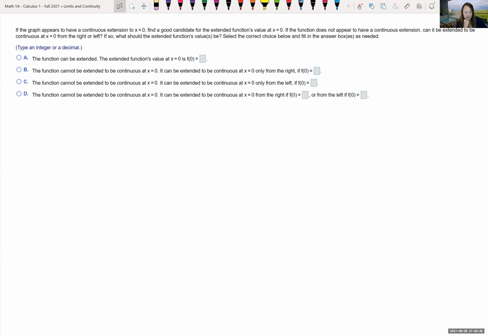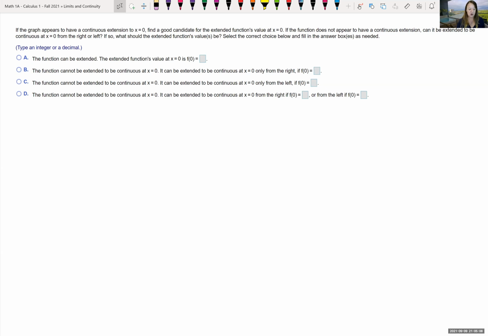If the function does not appear to have a continuous extension, can it be extended to be continuous at x equals 0 from the right or left? If so, what should the extended function values be? Select the correct solution below and fill in the boxes as needed.